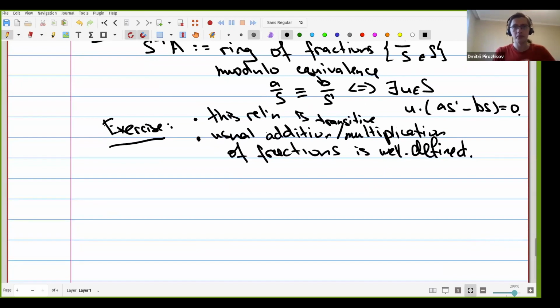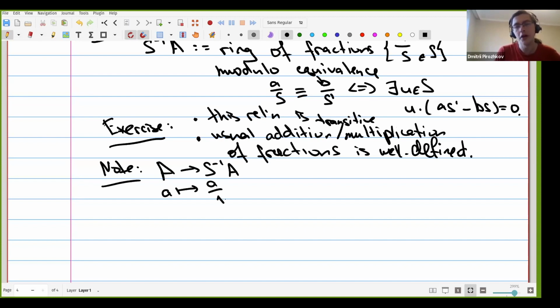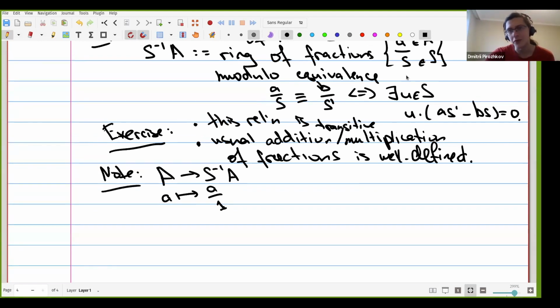So note that by definition we have a map from A to this S^{-1}A, which sends an element a to the fraction a divided by 1. Recall that I have asked for the unit element to be part of S, so it can be taken as a denominator over here.